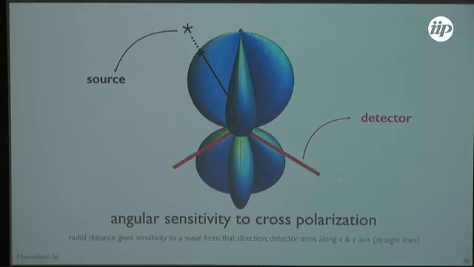So a cross-polarized signal coming from this direction changes the length in the arms maximally, and so you have a large response, whereas if it was coming from within the plane, it would actually affect both arms the same, and you don't measure it at all, so there's no sensitivity there. This is what we call the angular sensitivity or antenna pattern, and it relates the geometry of the instrument to the geometry of the gravitational wave.